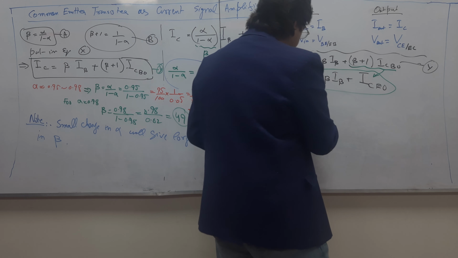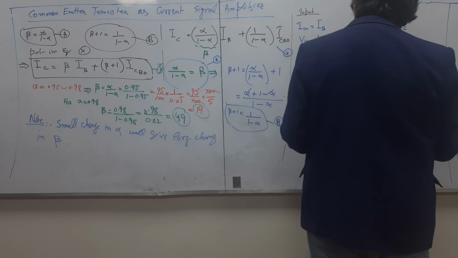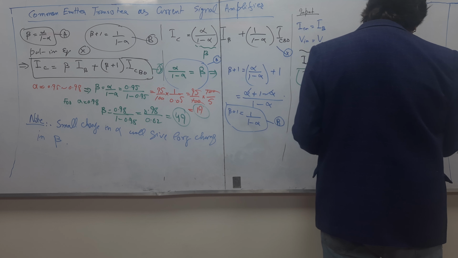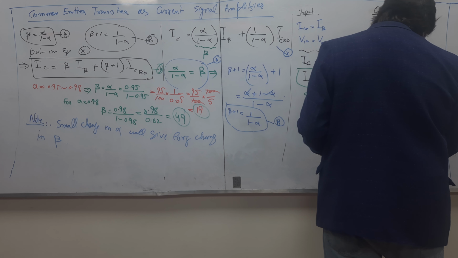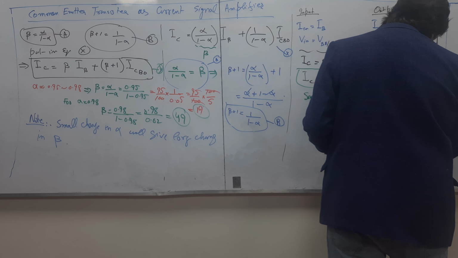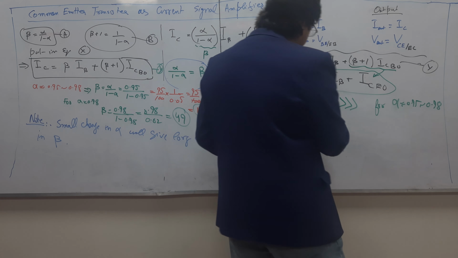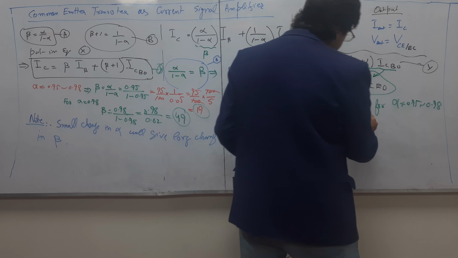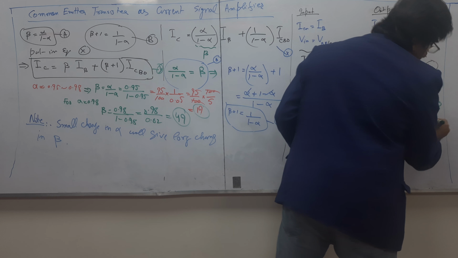Since beta is very large for alpha 0.95 to 0.998, I have already explained that beta value is from 19 to 49.